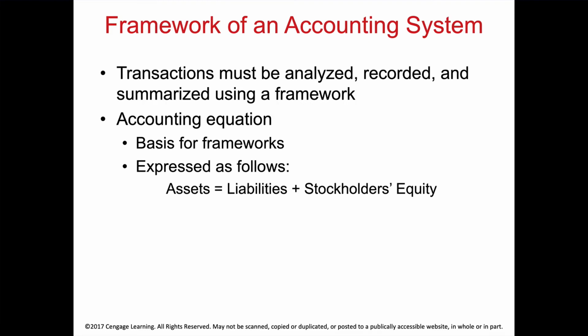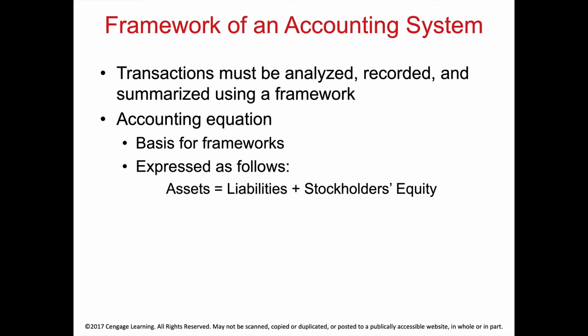So the accounting equation is the basis for how we have to record transactions. We have to record all transactions in such a way that the accounting equation always holds. That means that every transaction that we record has to be recorded such that the assets always equal your liabilities and equity.